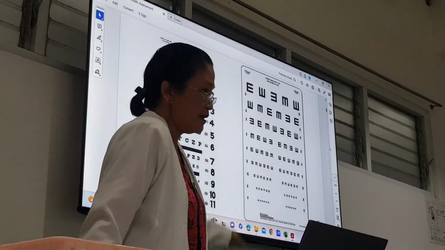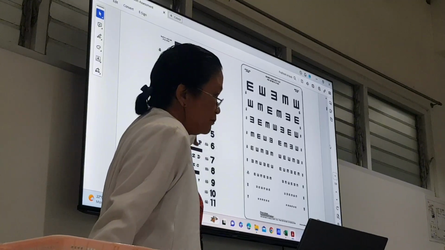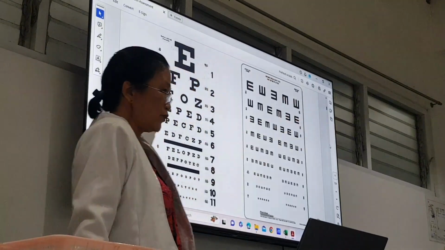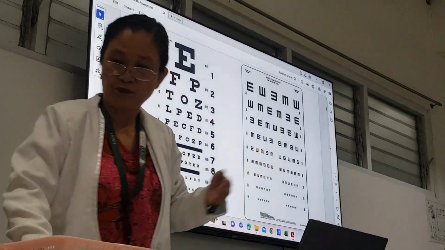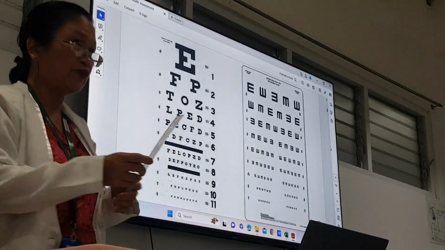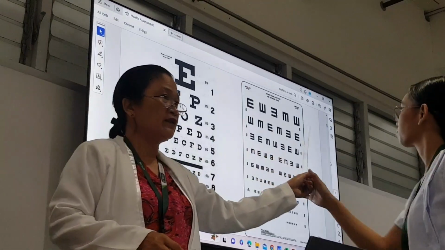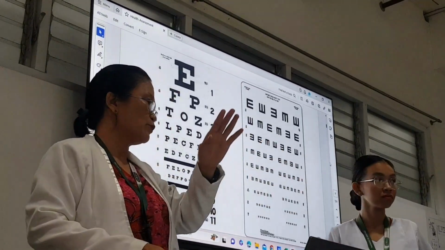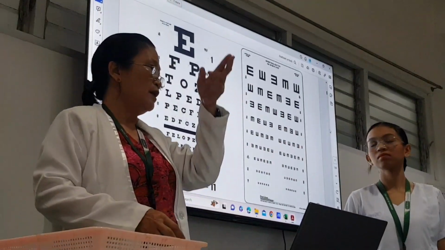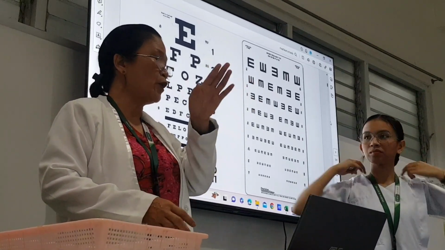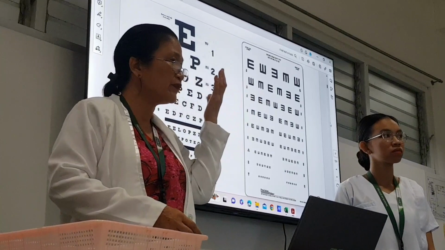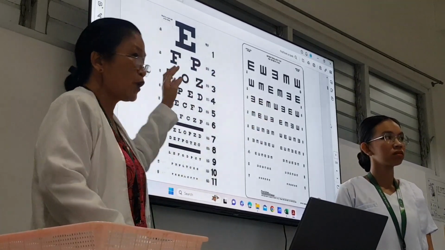Miss Hakla, kindly let Mr. Gabriel read. You have to point to the letters, and in order to check the visual acuity of Mr. Gabriel, he is going to close or cover his left eye.